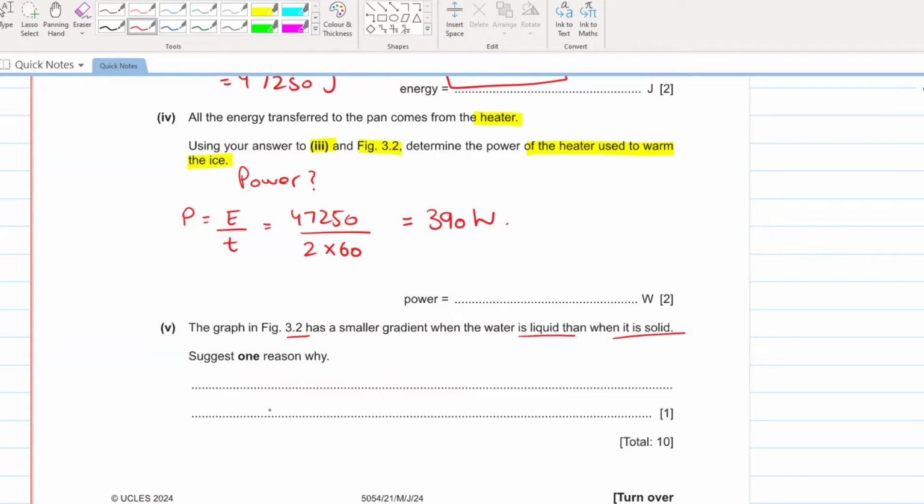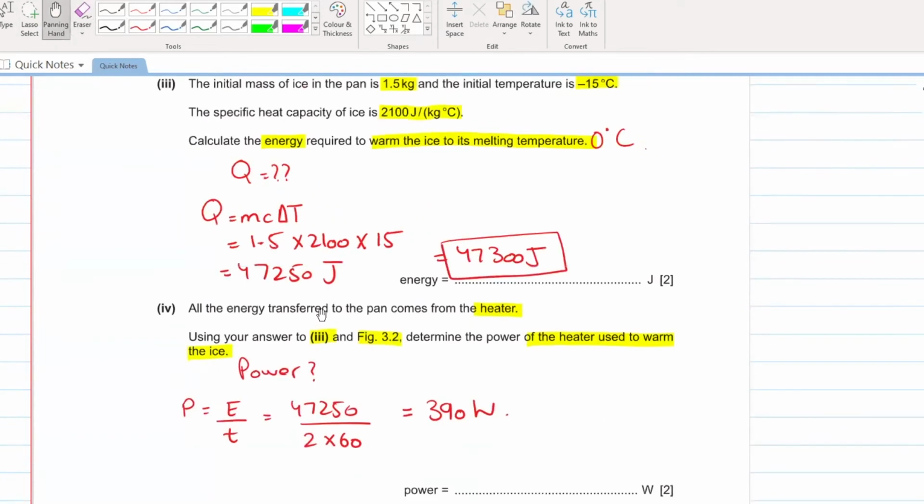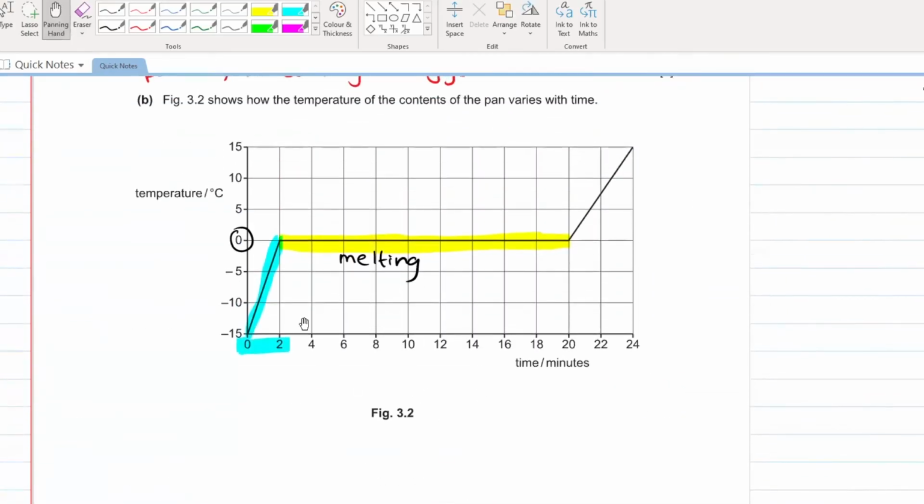The graph in figure 3.2 has a smaller gradient when water is liquid than when it is solid. Perfect. Suggest one reason why. What is it asking? If you notice here, the gradient of the green line is smaller compared to the gradient of the blue line. Why is that the case?